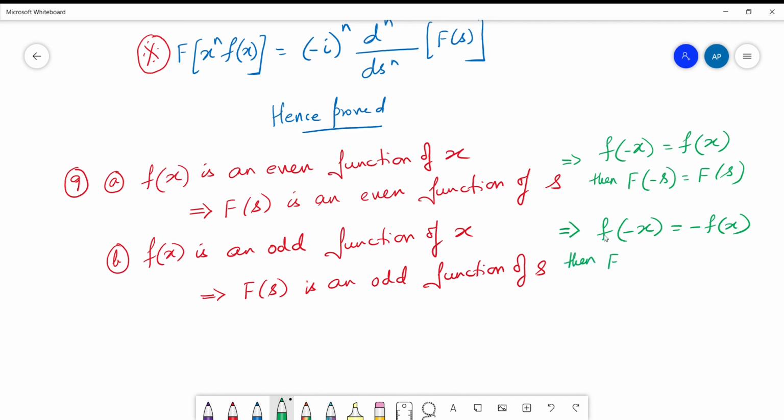Then F of minus s is also equal to minus F of s, meaning it is also an odd function of s. So depending on the original function, its Fourier transform also carries the same nature. The nature of the function does not change once the Fourier transform is calculated. So these complete the properties of Fourier transform.